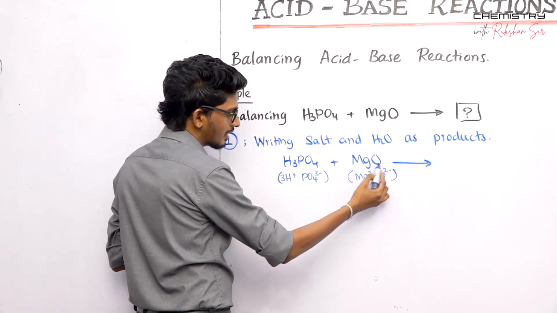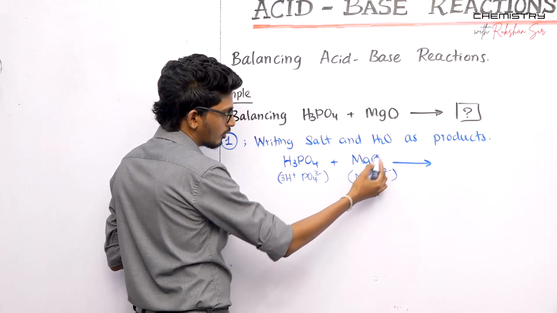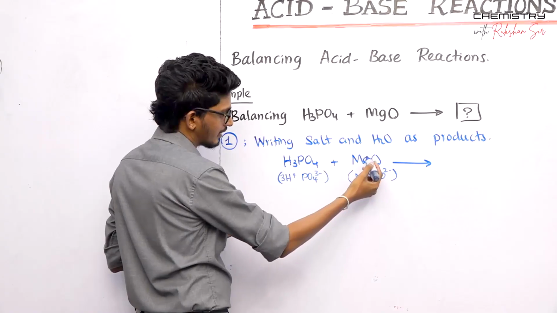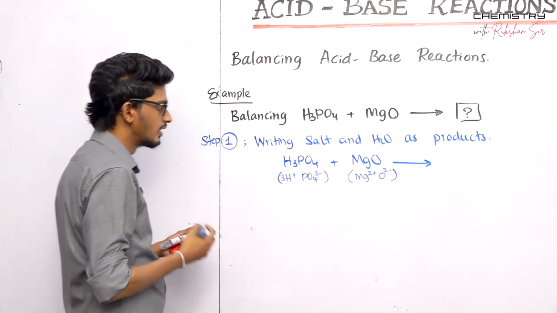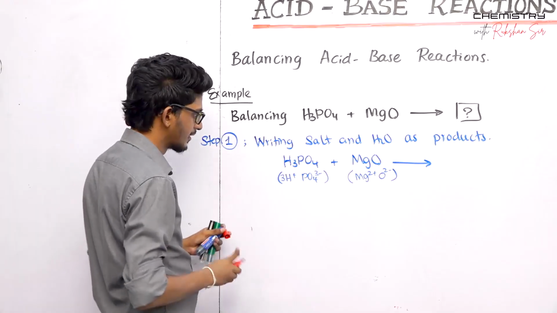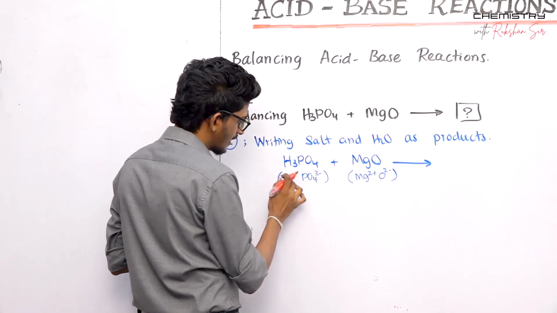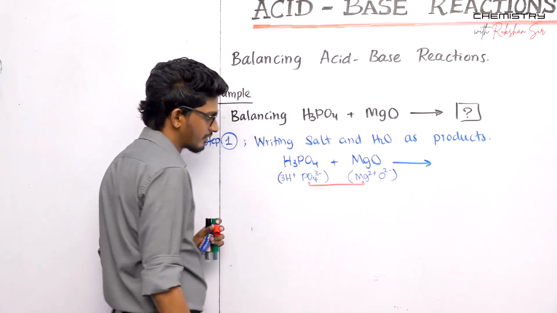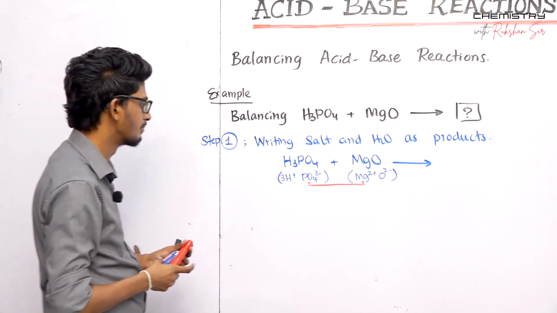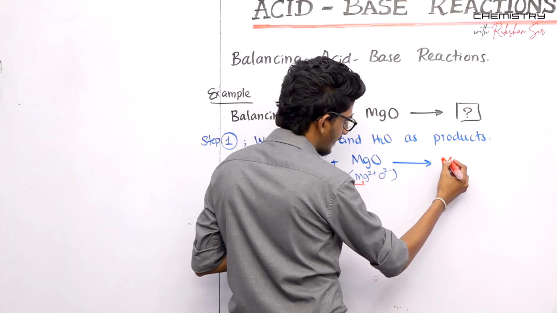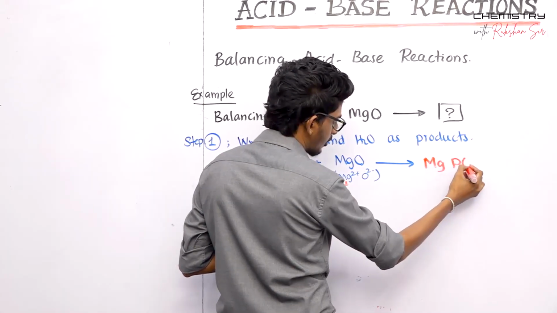You don't see any numbers appearing because the 2 is the charge with the magnesium as well. This is how the charges will cancel off. Those are the 2 guys. So how to come up with the salt? Salt means the part other than the H plus and the part other than the OH minus or the O2 minus. Those 2 ions will combine to give the salt. So it is going to be magnesium phosphate. How to write that?